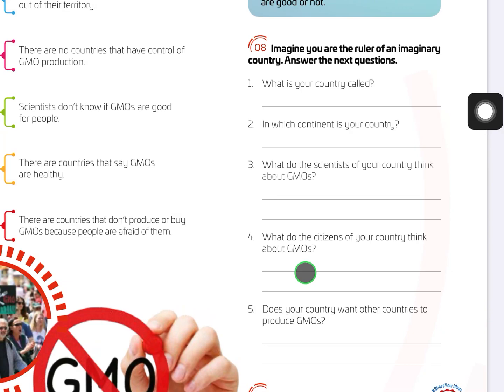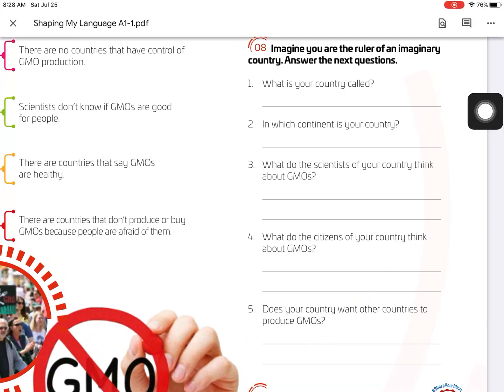So tell me, what do they think? And according to your customs or the traditions in your country, that is your imagination. Okay. The last question is: does your country want other countries to produce GMOs, like in relationship with another country near yours? Yes.